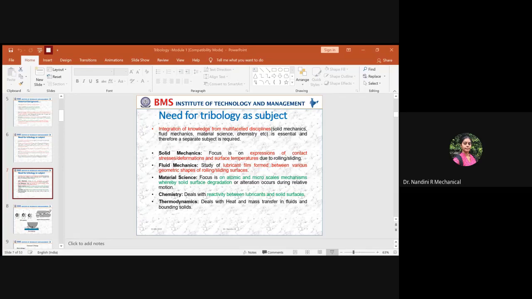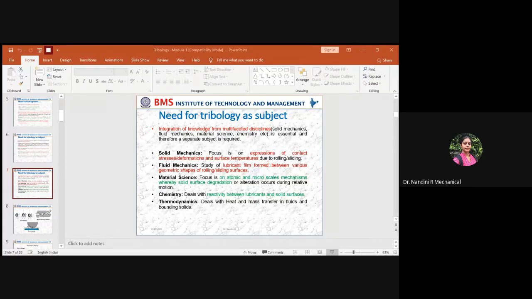When there is a continuous movement in rolling or sliding surfaces, the surface comes in contact, some degradation happens, some wear happens, some friction also comes into the picture. So there will be some reactivity going on between the lubricant you have applied across the surface which is in contact. This reactivity between the lubricants and the solid surface could be beautifully analyzed by using our subject chemistry.